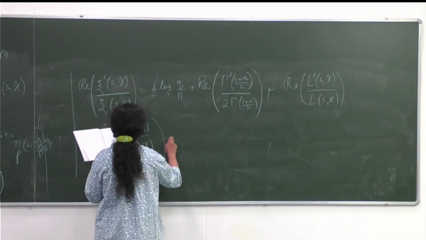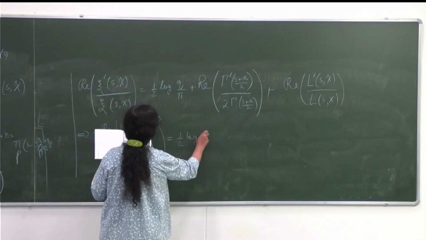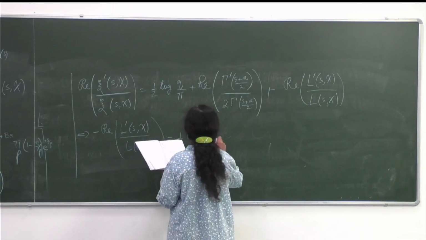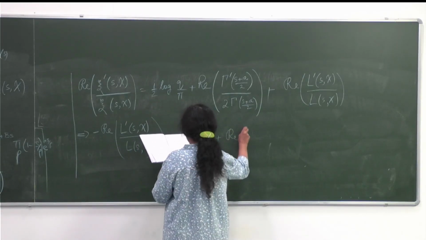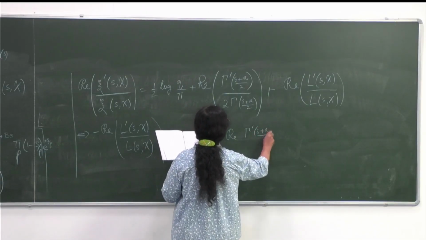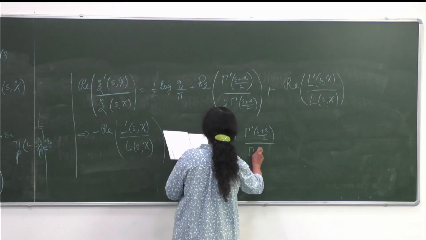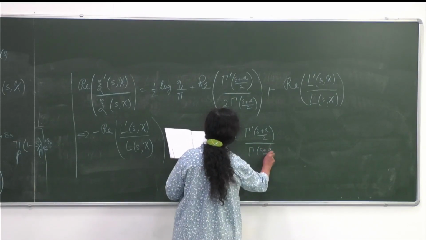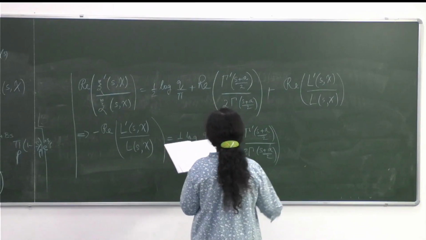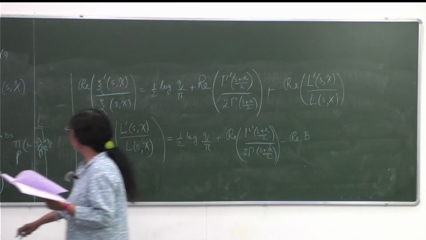So this is equal to half log q by pi, plus the real part of gamma prime of s plus a by 2 over gamma of s plus a by 2, but with a 2 outside, minus the real part of B. This is the B that is going to come from here.